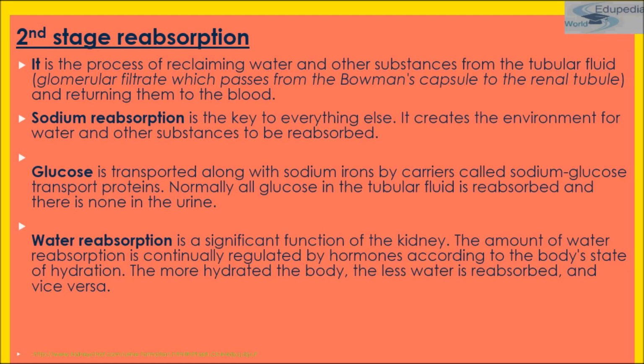So in this, what happens is it is a process of reclaiming water and other substances from tubular fluid, and then it returns them to the blood. We have just studied ultrafiltration or glomerular filtration that has formed a glomerular filtrate.